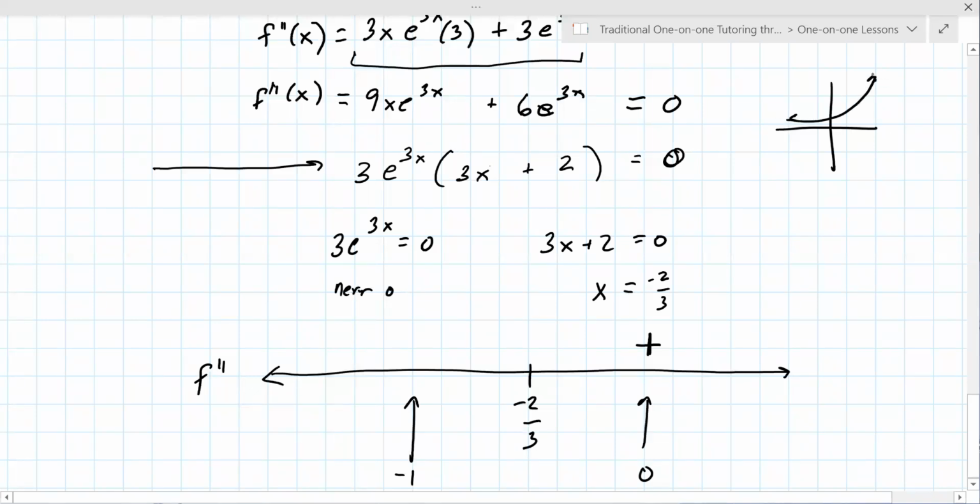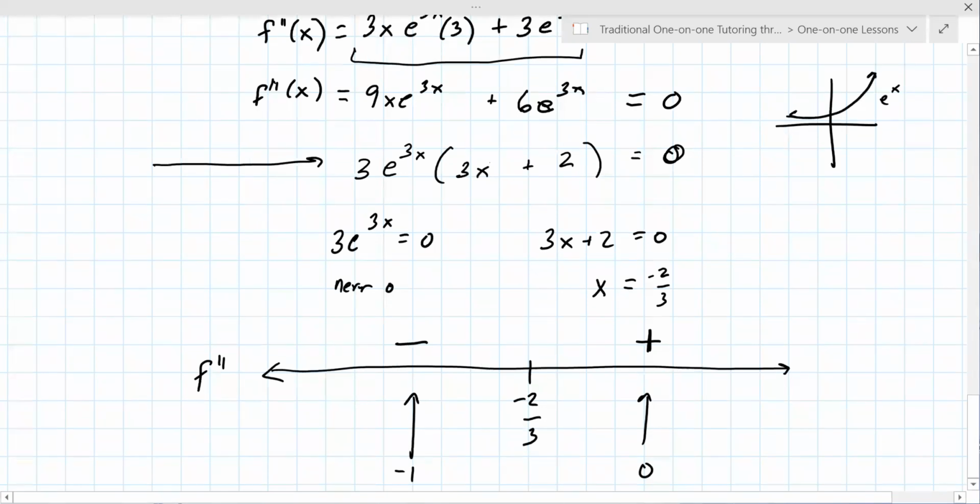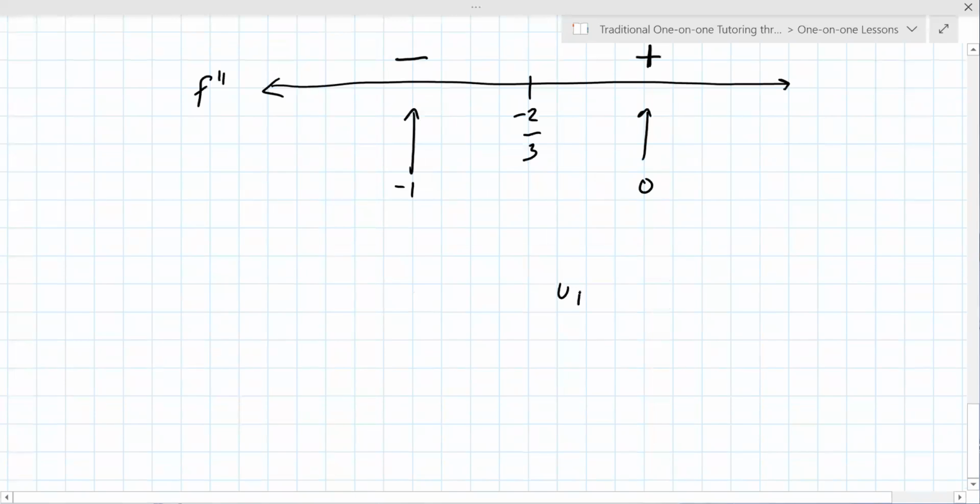At minus 1, 3 times minus 1 plus 2 is negative, so it's negative there. Going back to the original question, where is it concave up? It's concave up from minus 2/3 to infinity, and concave down from minus infinity to minus 2/3.